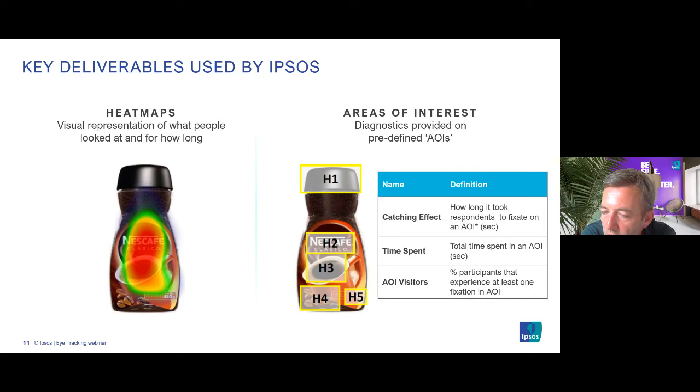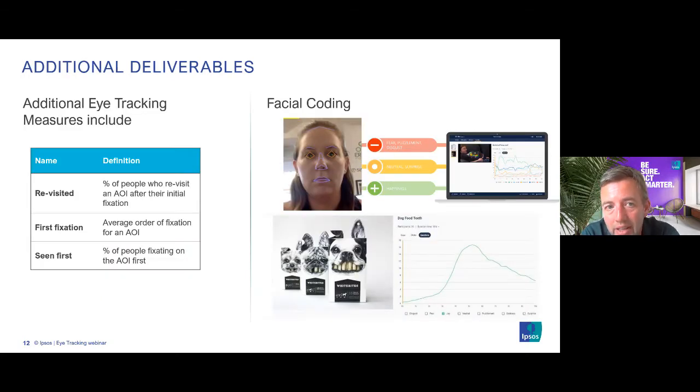And these measures are going to be critical when we interpret how design functions and how good design works better than less good design, for example. So when we look at our results, just have in mind these three measures. So the proportion of people fixating on an area of interest, how long for, and how long they took to get there. Behind that data, there are additional deliverables, and I'm just going to highlight a few on the left here.